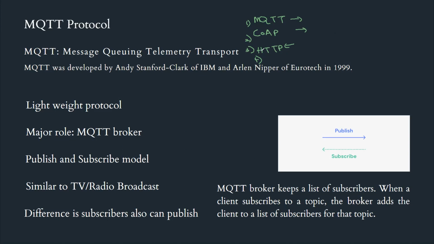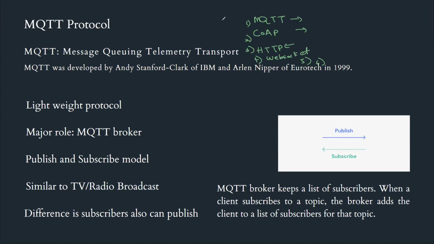And then there are other protocols as well, such as the WebSocket protocol, and so on. There are several other protocols that are popular in the application layer, and when we focus on IoT, such protocols are widely used.